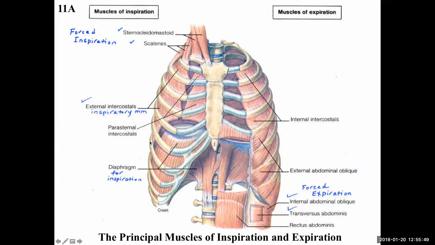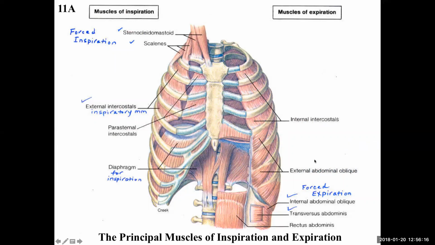So you can see here the inspiratory muscles. The inspiratory muscles for quiet breathing are the external intercostals, which are being shown here. For forced inspiration, we have the sternocleidomastoid, which you're very familiar with, and the scalenes. The diaphragm is also for quiet inspiration.